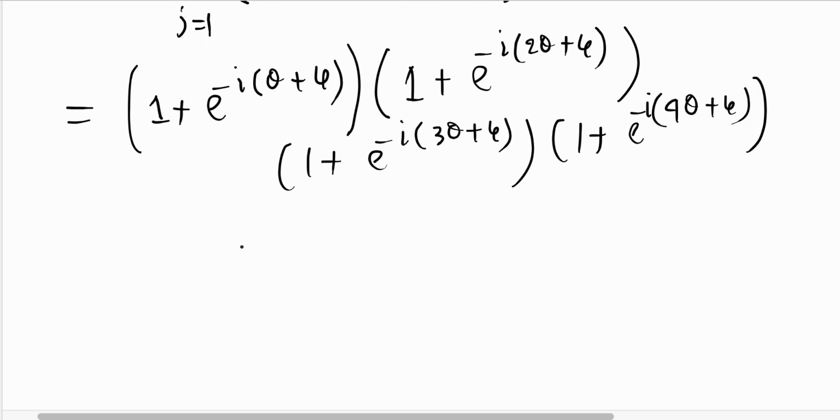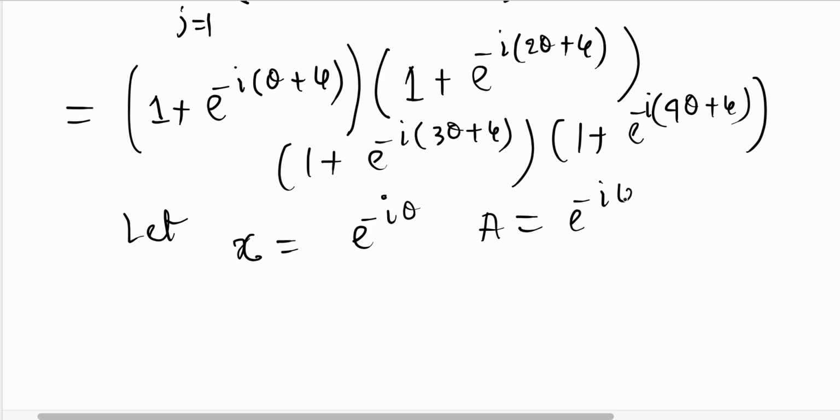Now suppose x is equal to e to the power minus i theta and a is equal to e to the power minus i phi.